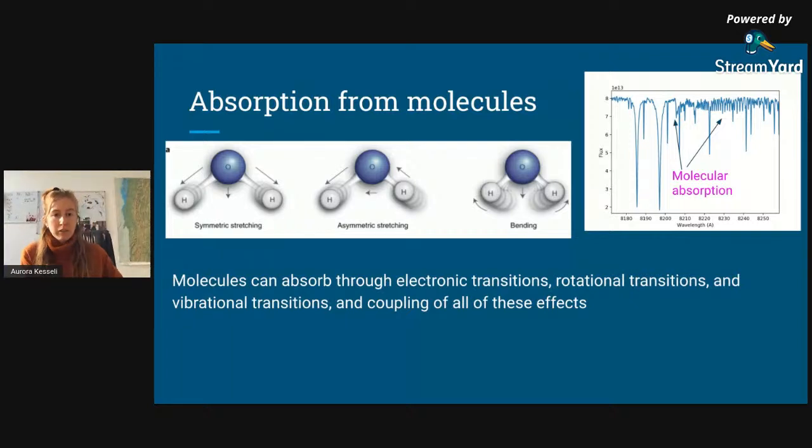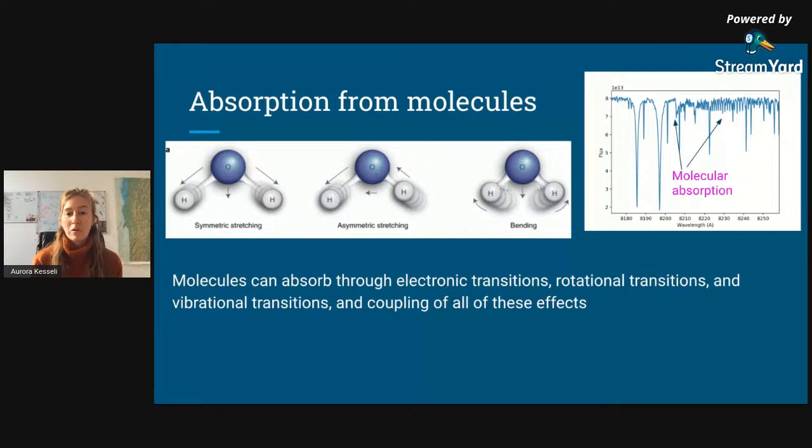And now absorption from molecules is a bit more complicated. So for atoms, you're just moving the electron from one state to an excited state. But for molecules, there's lots of different ways that they can absorb electrons. So not only do you have electronic transitions where the electron moves from a lower state to an excited state, but you also have energy levels that have to do with the rotation of the molecule or the vibration of the molecule.